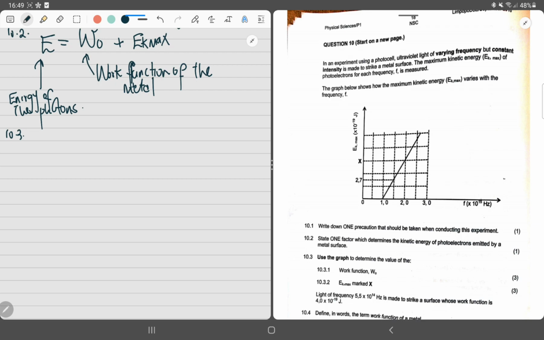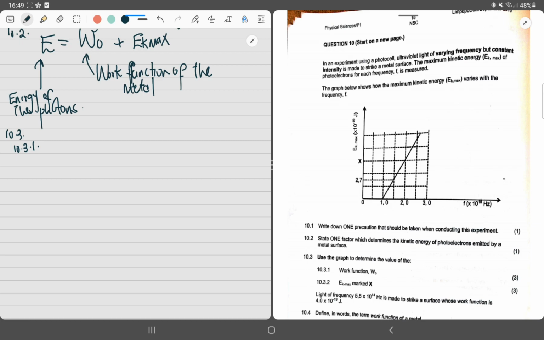10.3. Use the graph to determine the value of the work function, and 10.3.2, the EK max marked X. So let's start with 10.3.1, the work function. The work function is defined as the minimum energy that is required in order for electrons to be ejected from a metal surface.